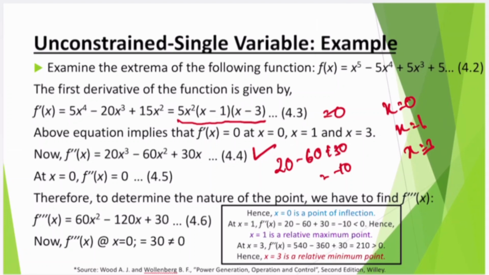Similarly, if I put x equal to 3, the answer is 210, which is greater than 0, positive, and hence it is the minimum point. It has been given in a small box, as you can see, that by substituting x equal to 1 and x equal to 3, you get a negative value and a positive value, and that shows which is the maximum point and which is the minimum point.